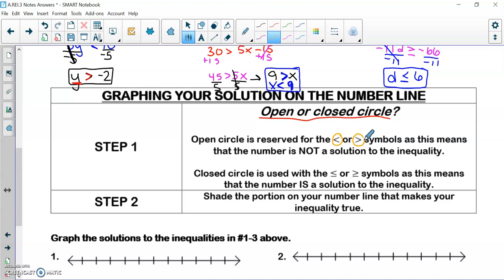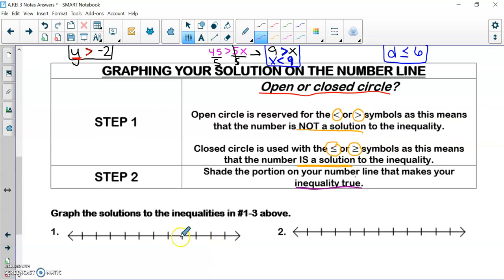This means that your number is not part of your solution. But we use closed circles when we have a less than or equal to or a greater than or equal to symbol, because this means that your number is a solution. And then we're going to shade part of our number line to make our inequality true.